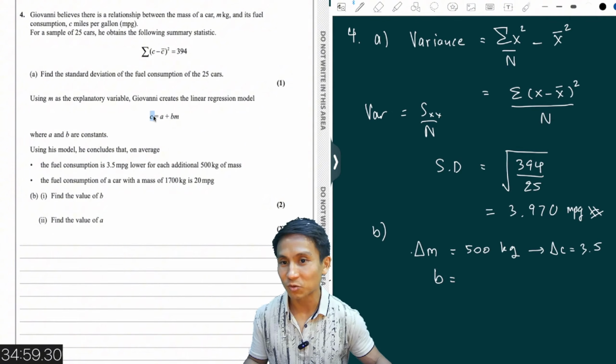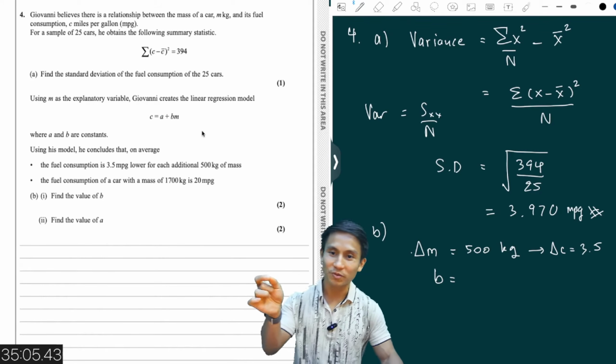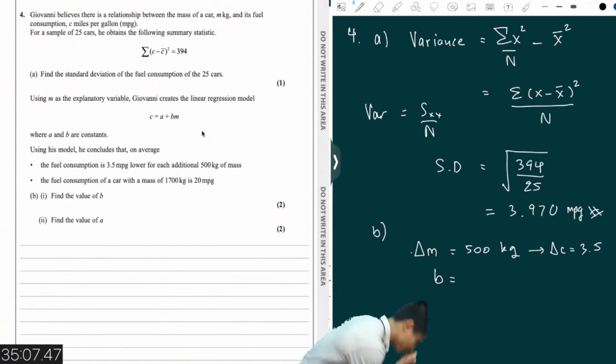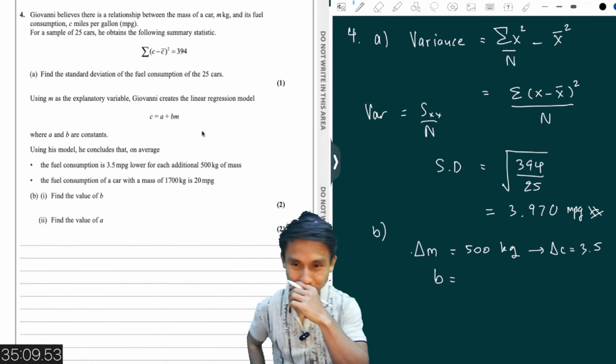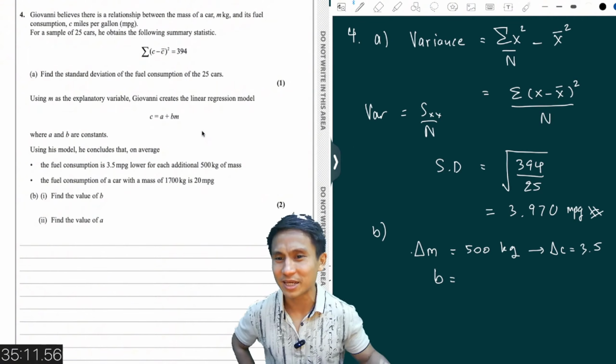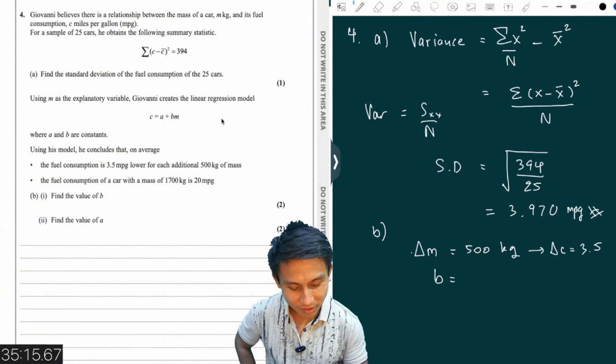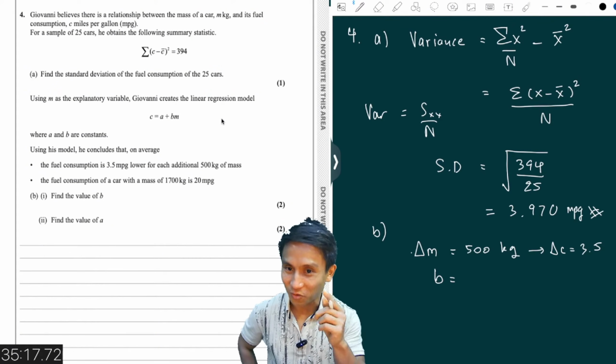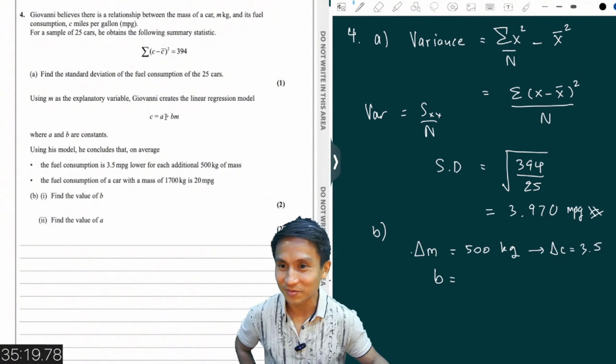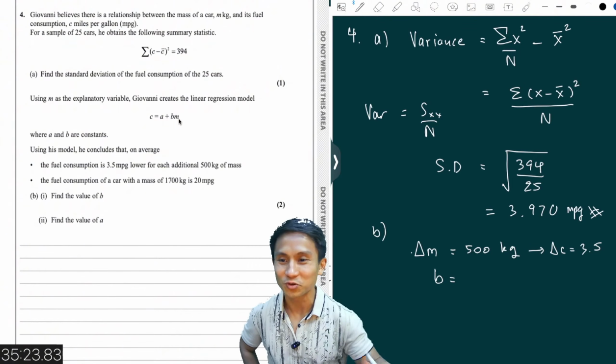So if you map this to y equals mx plus c, that's a linear equation. So the y would become the c, and the x would become the m in this case. So b, which is the gradient, don't confuse with the m there. I think they try to confuse you here, basically.